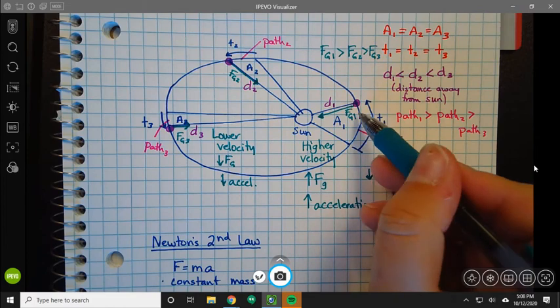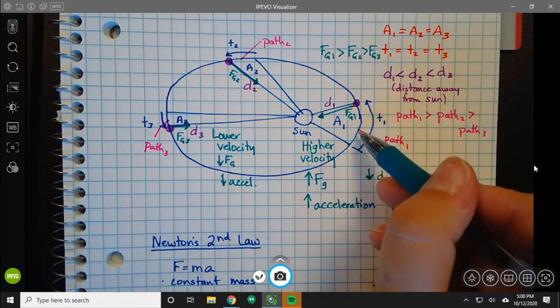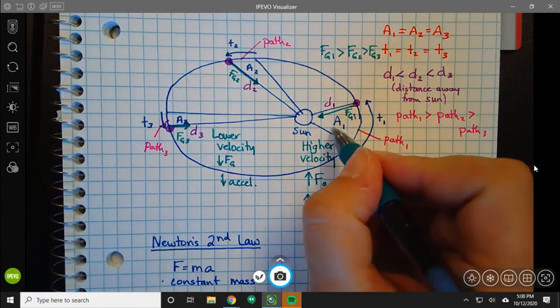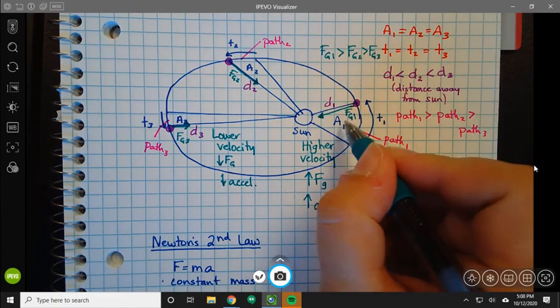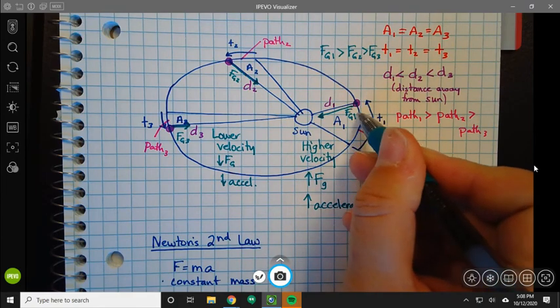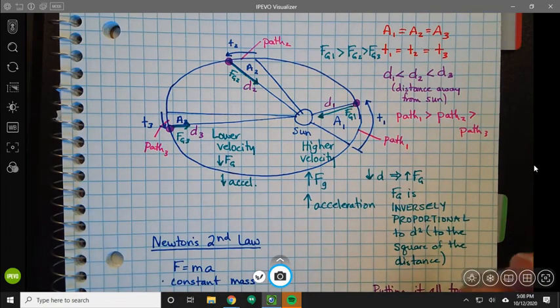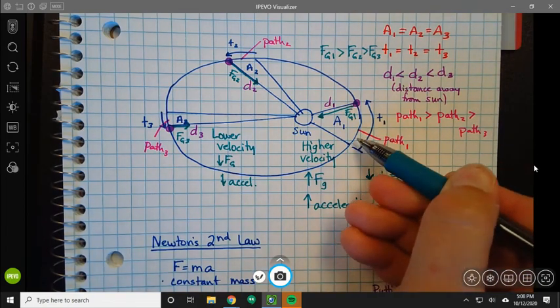That is the path that the planet has traveled. A1, inside here, is the area that's swept out by this imaginary thread or imaginary line. So there goes the planet around, and then the line would sweep.